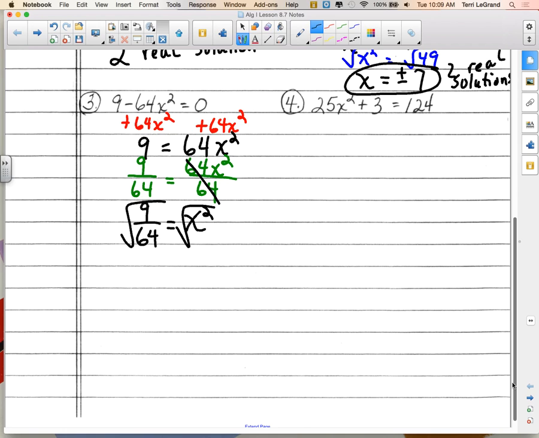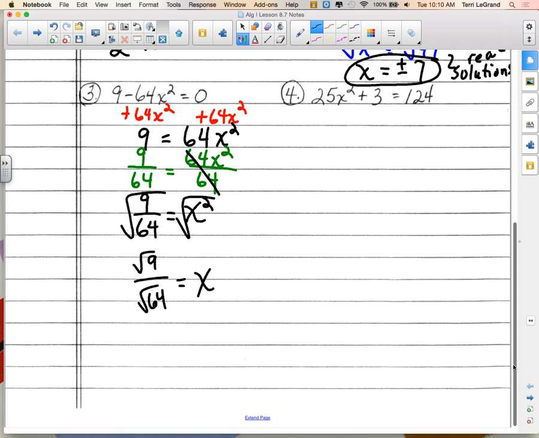Okay, now this is back when we worked on this. When we have a fraction to a power, each of the numerator and the denominator can be taken to that power. Well, the same thing happens when you're square rooting. We also did that a long time ago. If you have a fraction that you're taking the square root of, you take the square root of the numerator, you take the square root of the denominator, and what do we get? 3/8, but what else?